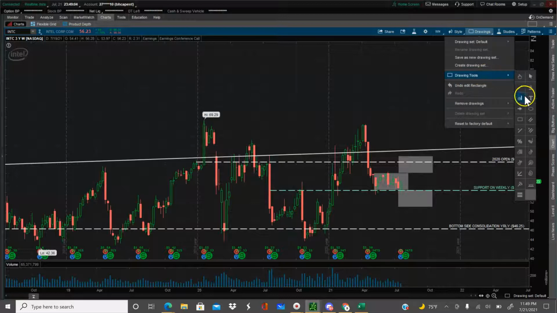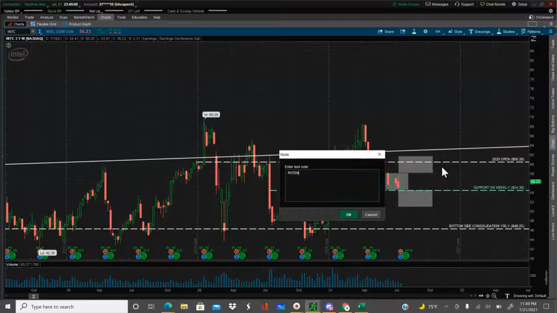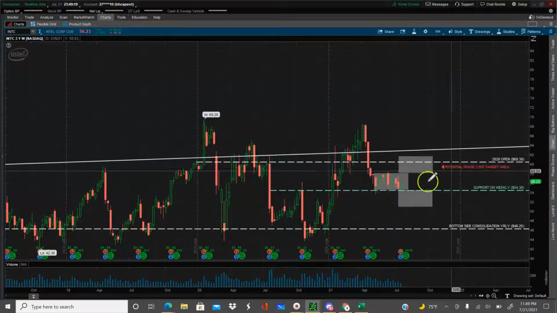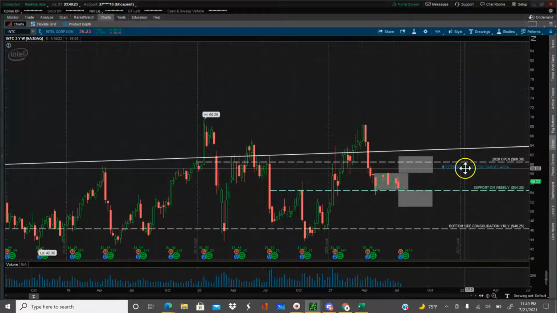I'm going to do a couple of text notes here. Potential phase 2 breakout target area.